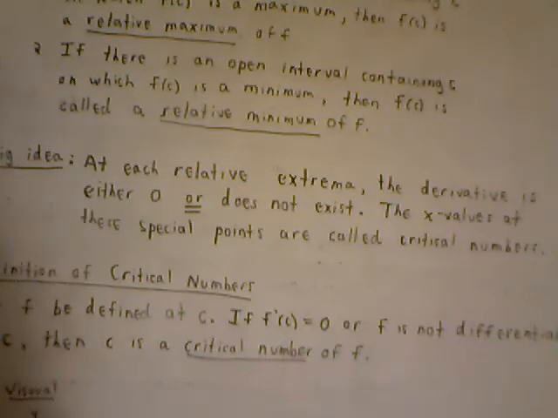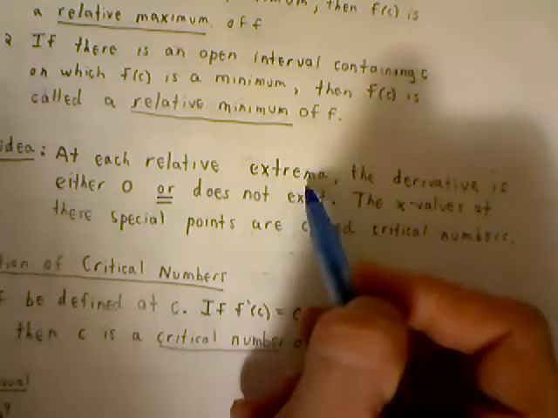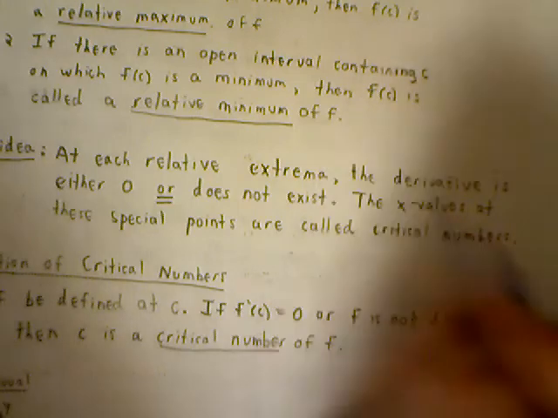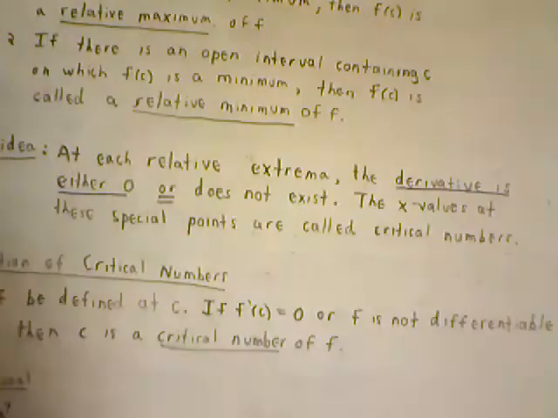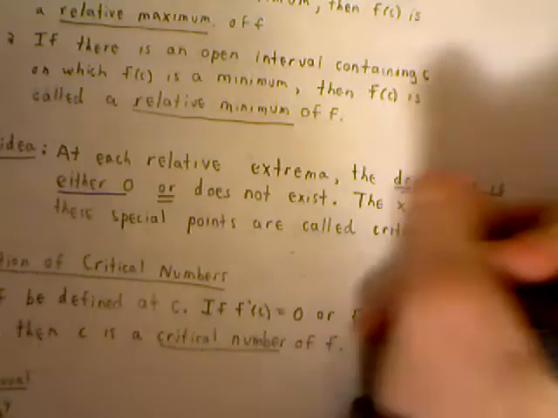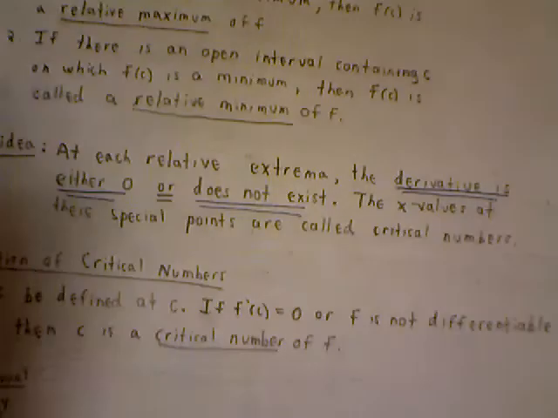Now, this is the big idea for this video. At each relative extrema, so at each relative maximum or minimum, the derivative is either 0 or it does not exist. All right, one or the other.